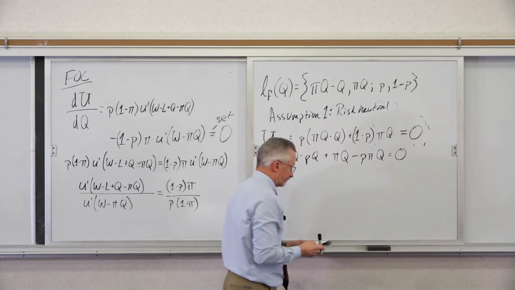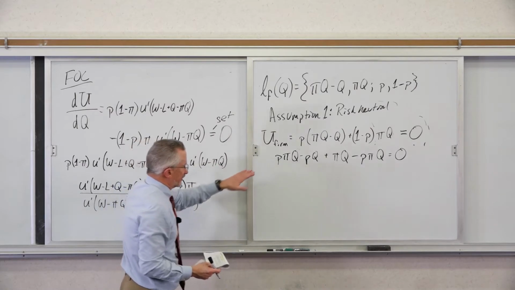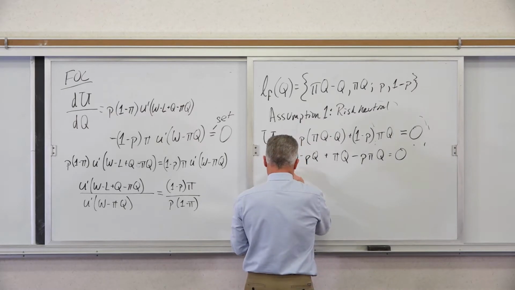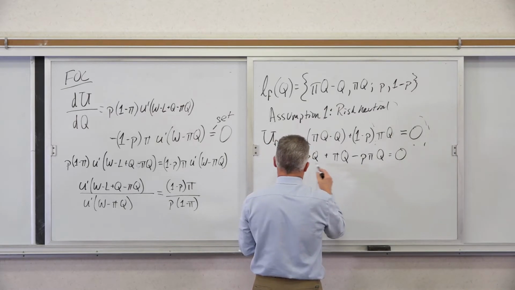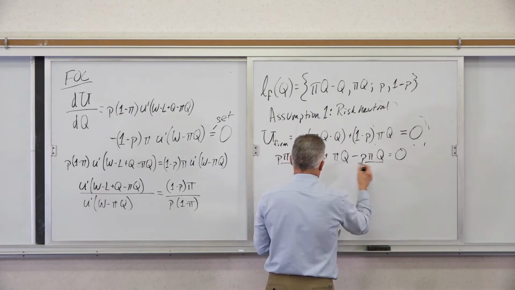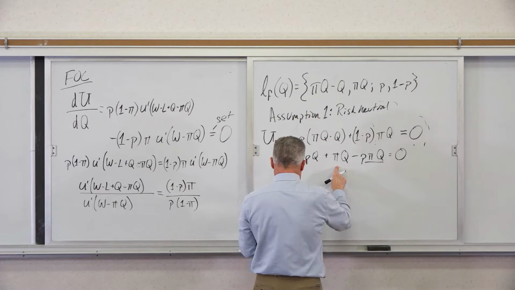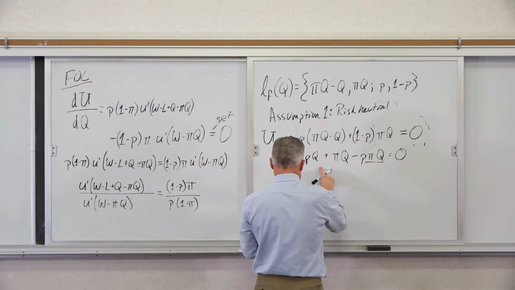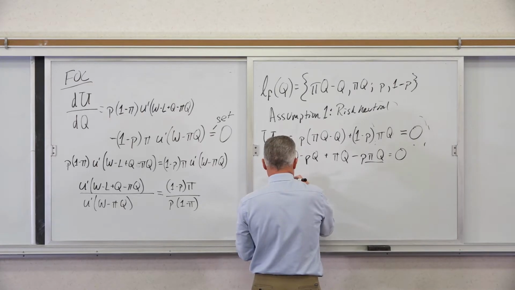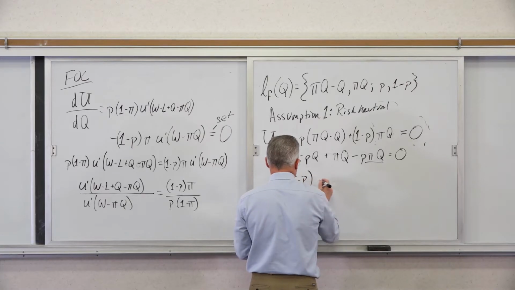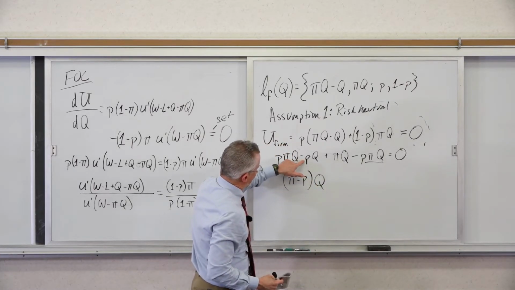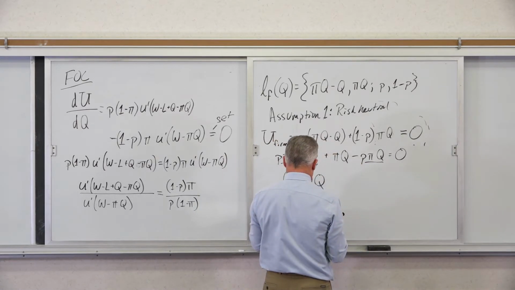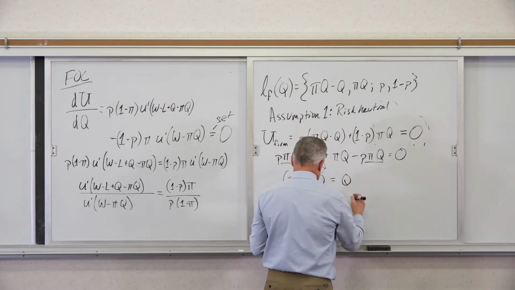equals 0. Okay, great. So I'm not even taking first order conditions here. I'm simply solving this. And I find that this is really simple. It looks like I've got pi minus P times Q, since that's a negative P and that's a plus pi and they're both times Q, that simplifies to this and those things are gone, equals 0.